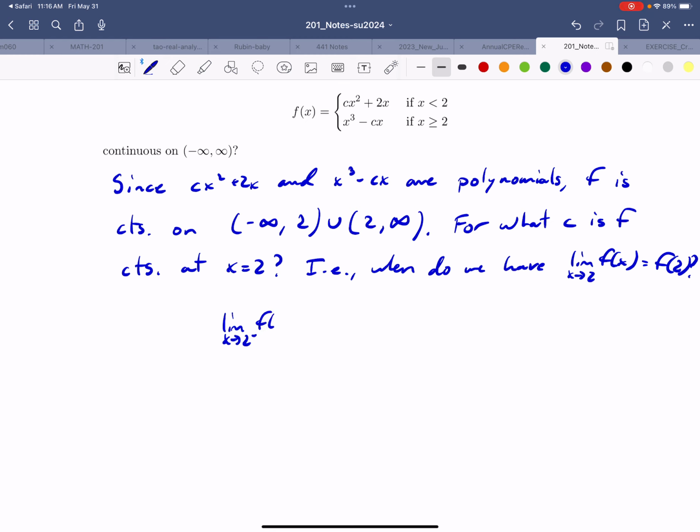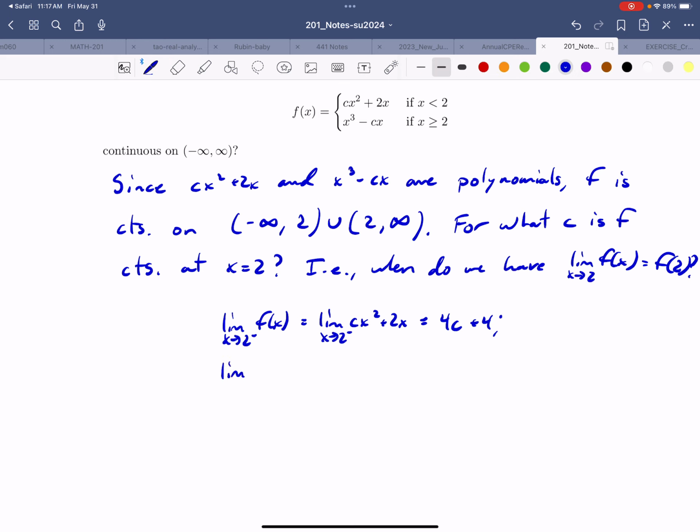Let's break it up into the left and right-hand limits. This is going to equal the limit as x approaches 2 from the left of cx squared plus 2x, because we're less than 2. And we can just take this limit, and we're going to get 4c plus 4. That's about as good as we can do for right now because we don't know what c is.